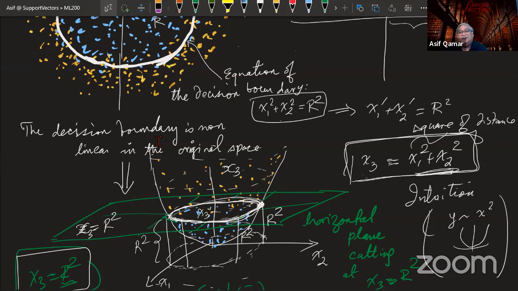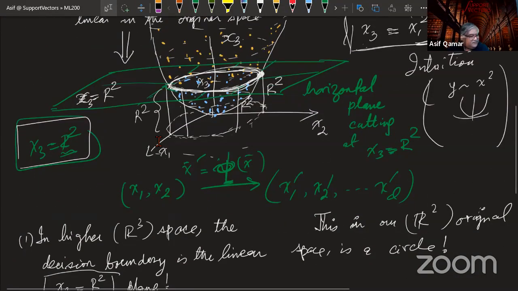What happens is you don't have to truly find this phi, because there is a trick. I won't write the equation. Let me just say that the dot product between 2 vectors, A and B, has a certain relationship.